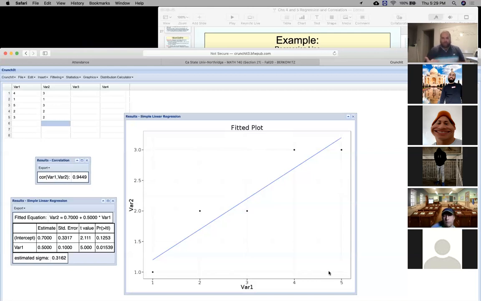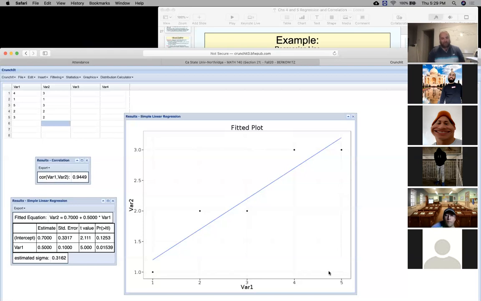So every extra child, as a general rule, corresponds to another half a car. Doesn't mean you chop it in half, it's only an average. But the more important one is, if I have 0 kids, how many cars am I going to have on average? 0.7.